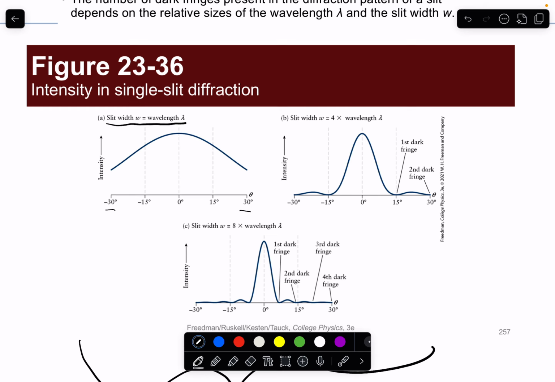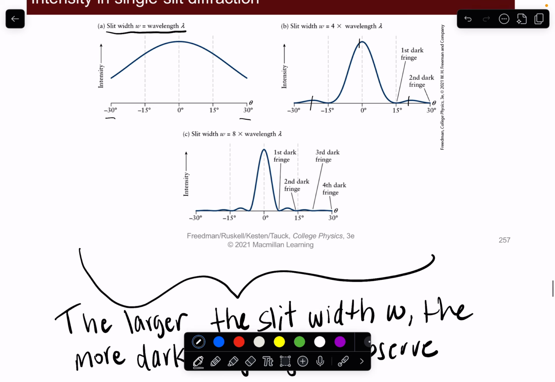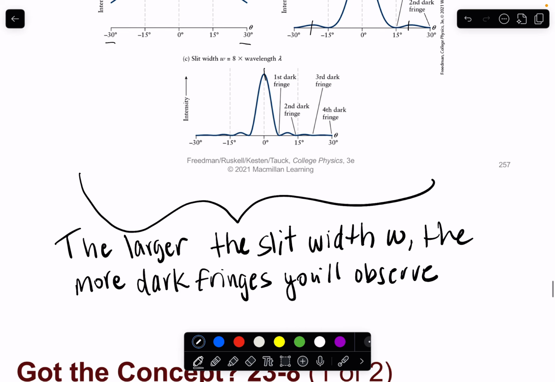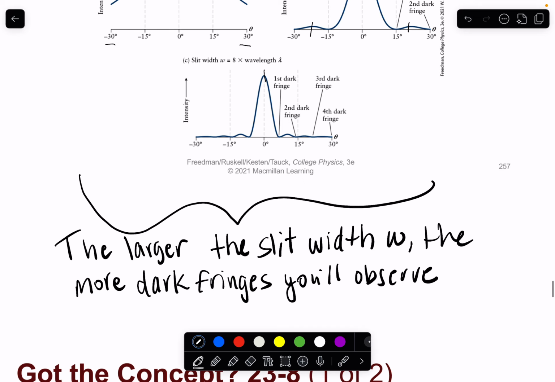And when you increase the slit, you will start to get more diffraction pattern. Further increasing will get you even more diffraction patterns, right? More dark fringes will appear. So the larger the slit width, the more dark fringes you'll observe.